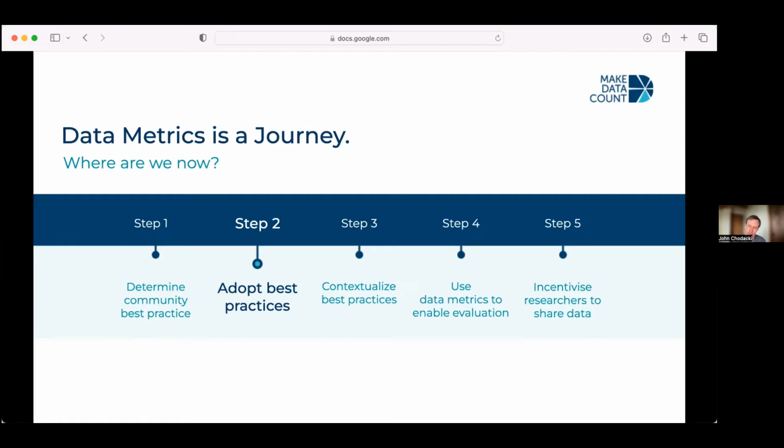How do we contextualize within the discipline or within the nature of research data so that we can ensure the metrics we're creating are actually meaningful? That needs to happen before we can start to think about evaluation or incentivizing. This is the journey towards what I would call, quote unquote, credit.